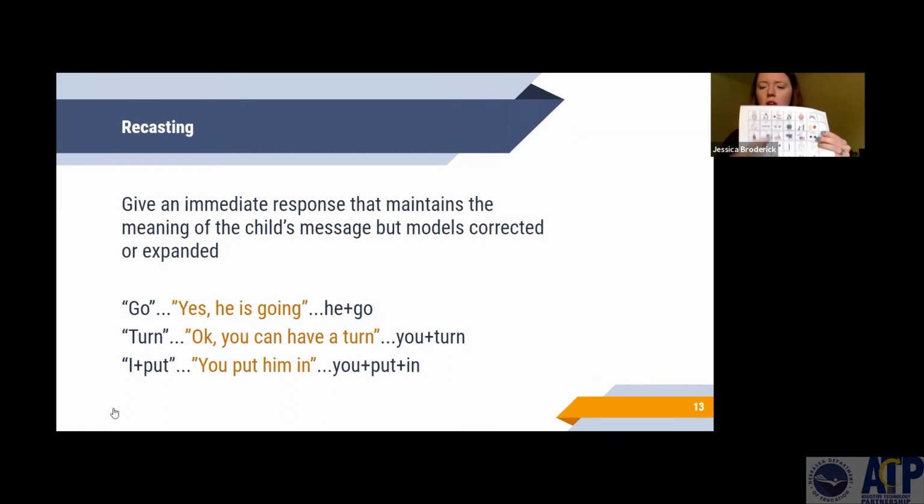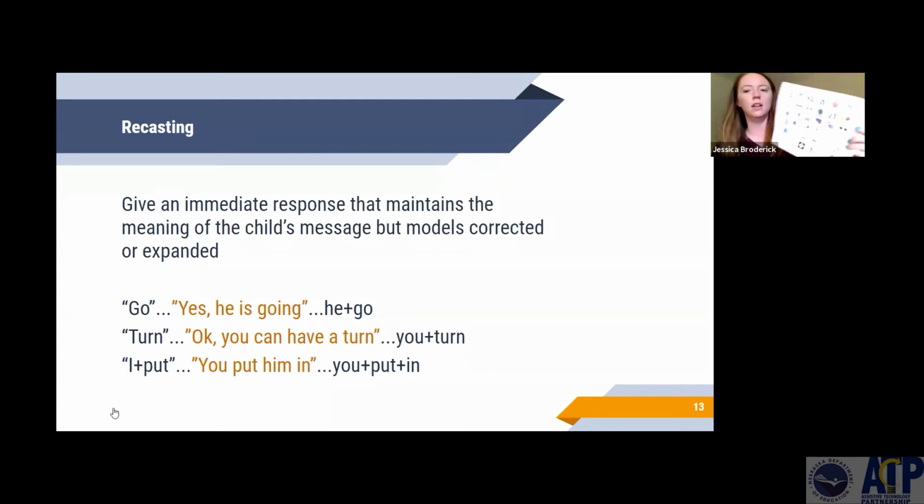Can I have a turn? So if that child is using one word, we're just going to take it one step further. And maybe that student is a two-word communicator and has said to you, I put. So what I might say is, oh, yes, you did put him in. That's what I'm saying.